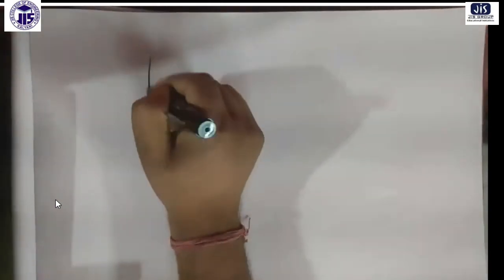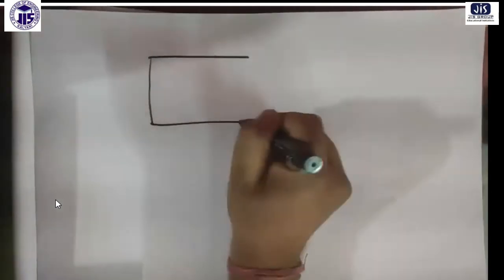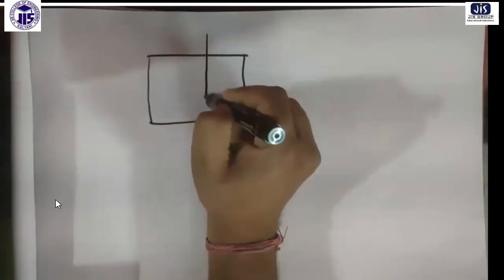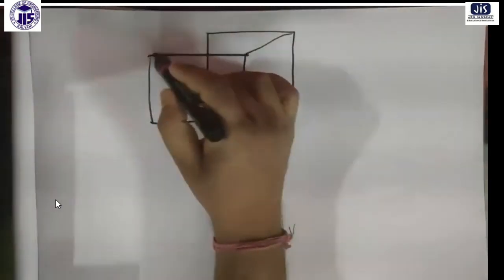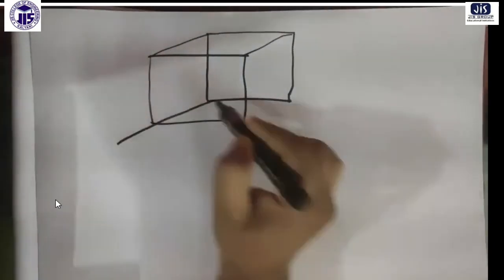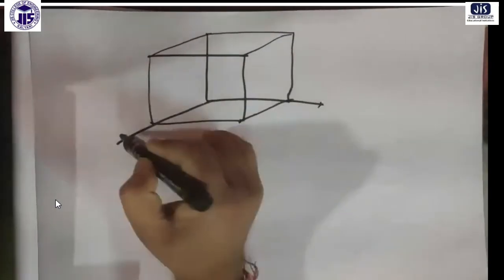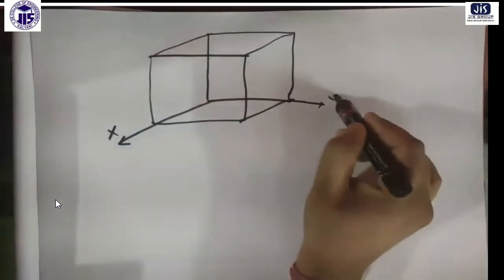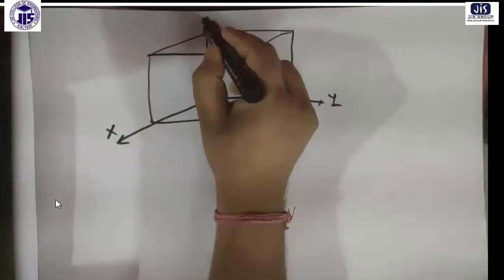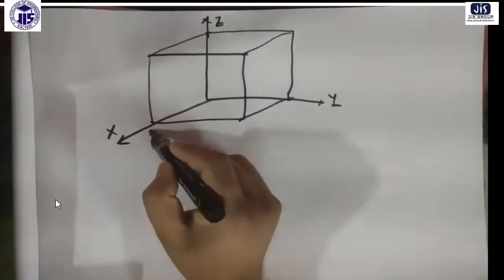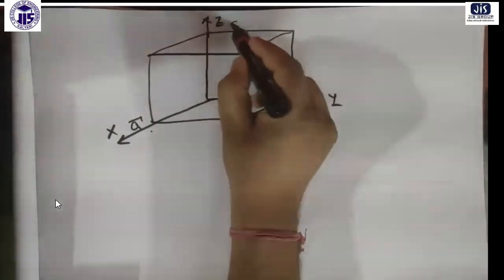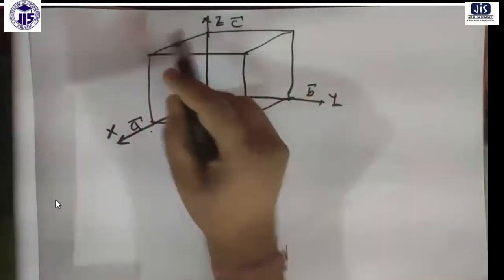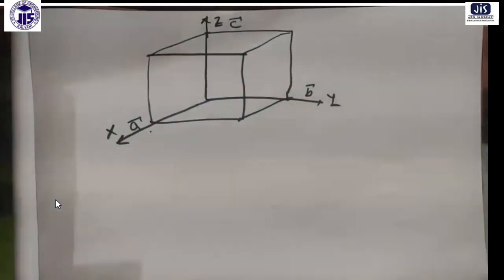Again, this is the unit cell, then these are the vectors, and suppose this is the plane I want to define.